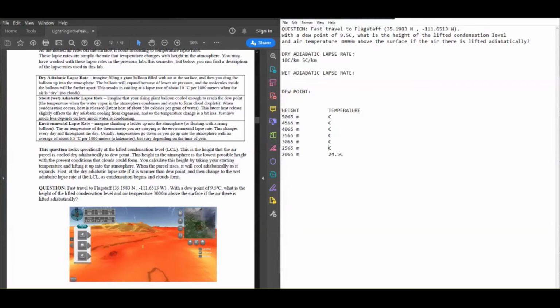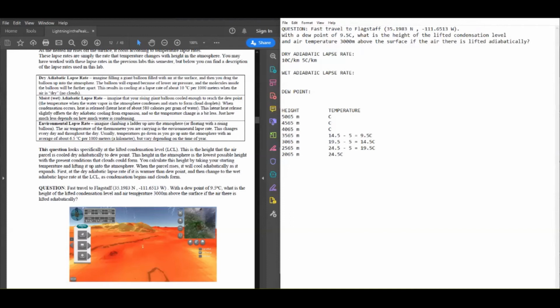So that's 24.5 minus 5, which is 19.5 degrees Celsius. Still not at dew point, so we'll keep on cooling. So 19.5 minus 5 is 14.5 degrees Celsius, still not at dew point, so 14.5 minus 5 is equal to 9.5 degrees Celsius.